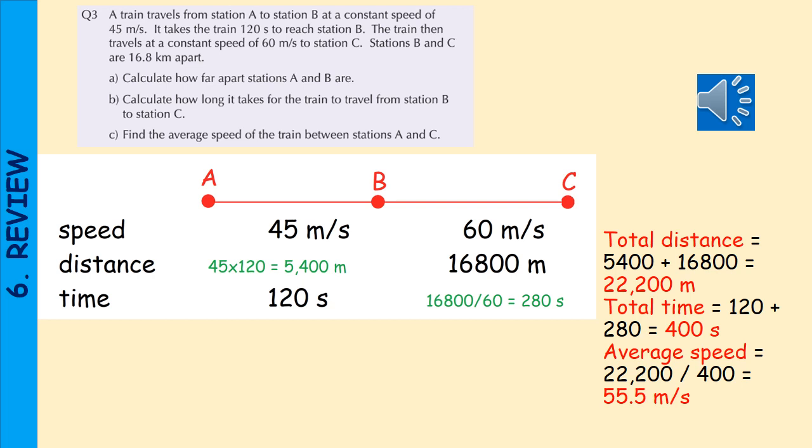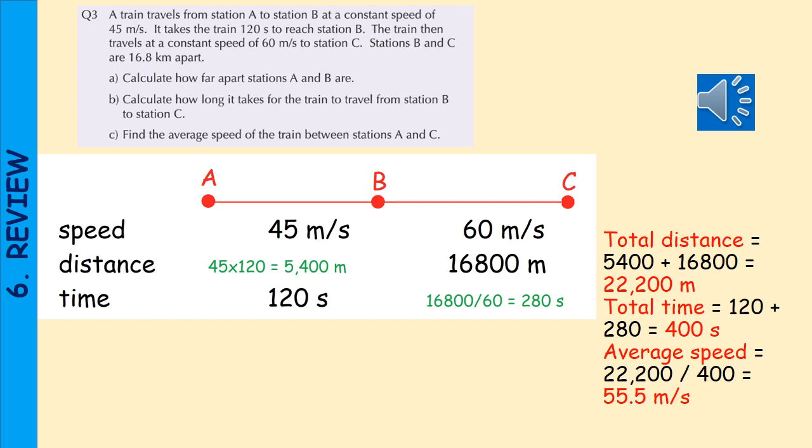Now you'll notice in the question that the distance is given in kilometres, 16.8 kilometres, so you must change that into metres before you can proceed, otherwise you're going to end up with muddled answers. So that converts to 16,800 metres, your speed is 60 metres per second, and you can do your distance divided by your speed, giving you a time of 280 seconds.